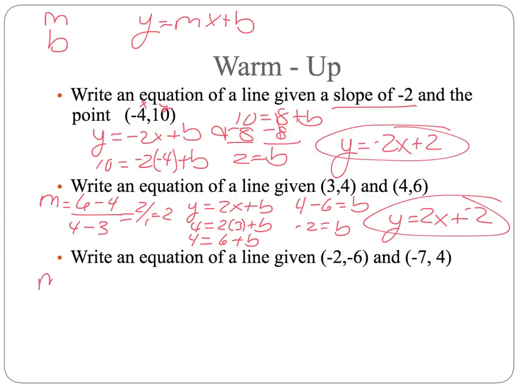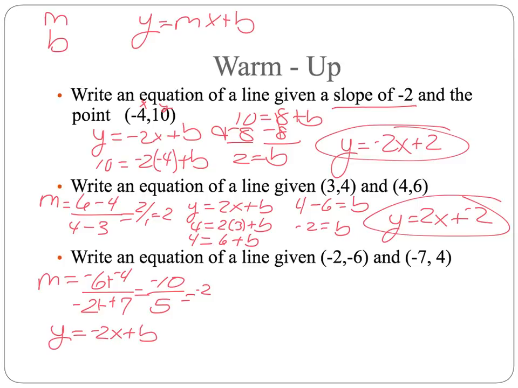Same thing for the third problem. Start by finding your slope. Negative 6 minus 4 over negative 2 minus a negative 7, plus positive 7 plus negative 4. That gives me negative 10 over positive 5, which reduces down to negative 2. I'm given y equaling negative 2x plus b. Pick an ordered pair.